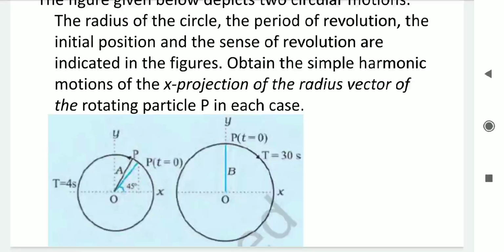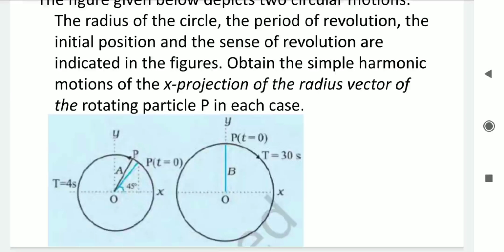Let us take case 1 first. Over here, as we can see, at time t equals 0, the OP vector is at a 45-degree angle, so the angle pi by 4 radian is available with respect to its reference line, the plus x-axis.